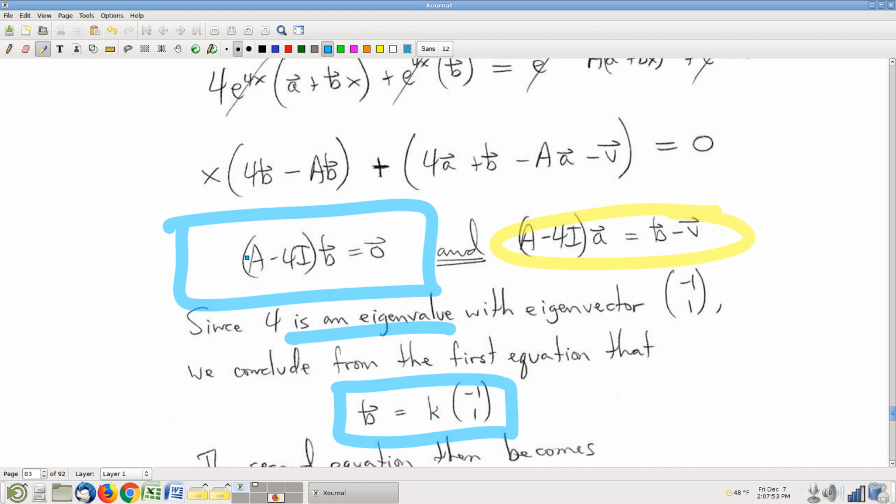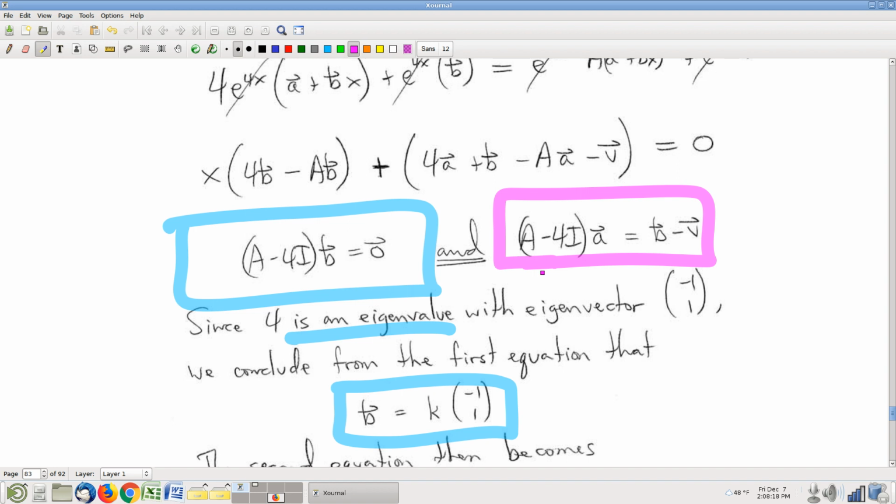The bad news side of this story is, you look at this equation, this is not a homogeneous equation. Here I do have an existence problem. There may be no solution at all on the right, so we've got an issue. So what we need to do is figure out how to balance this off.